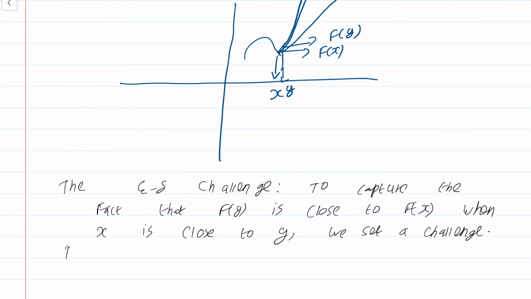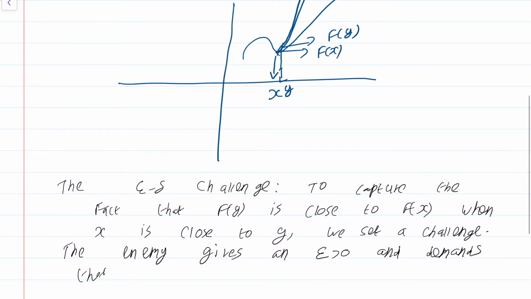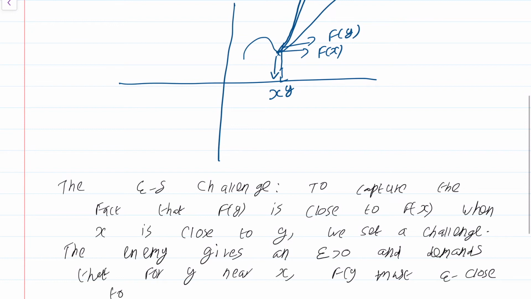The enemy gives an epsilon greater than 0 and demands that for y near x, f of y must be epsilon close to f of x.